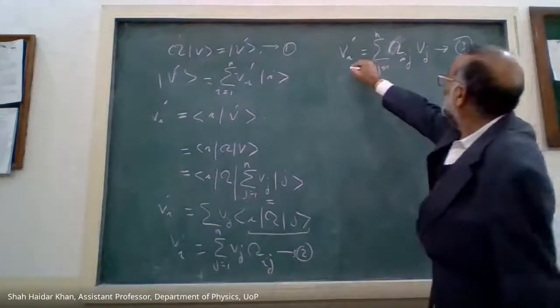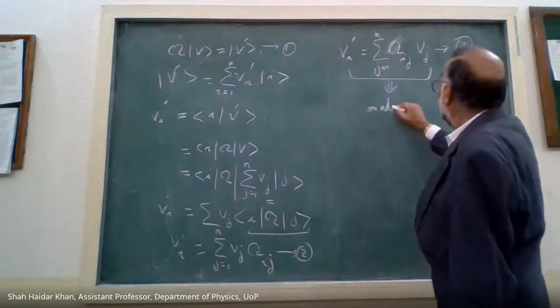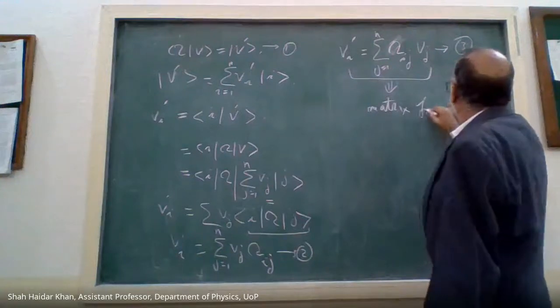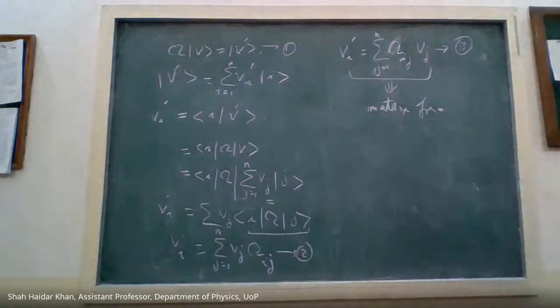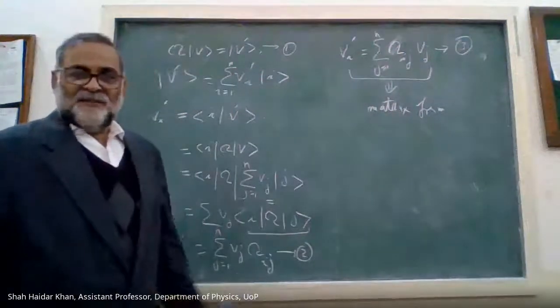Right? We can write this in matrix form. This will be a column vector, as we have done.